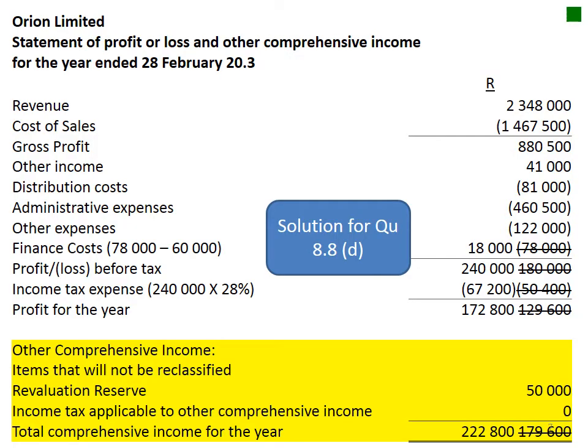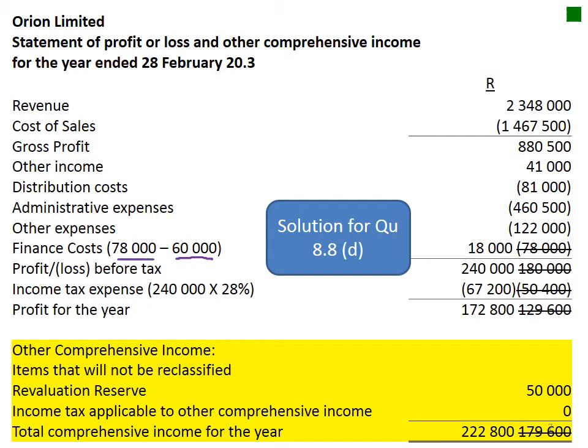So if I go back to the statement of profit and loss that we did as per question 88C, what I've done here is I've taken out of the statement of profit and loss the dividend on the preference shares. In question 88C, there was a dividend on preference shares that had been included in finance costs.